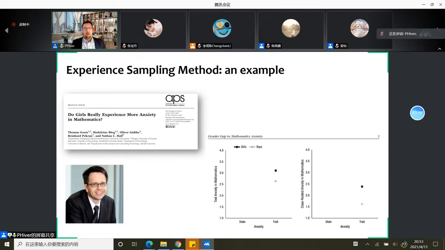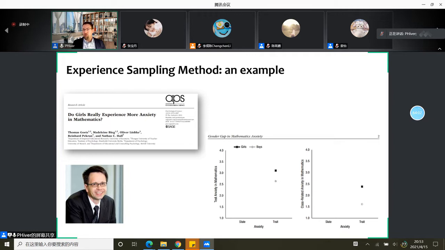All right, now, unfortunately, there are very few examples of experience sampling in our field. Recently, there have been a couple, but here's an older example from educational psychology. Now, remember my 10-year-old daughter, Chloe? Well, it's very important to me that she likes math. It's very important to me that she does well at math.